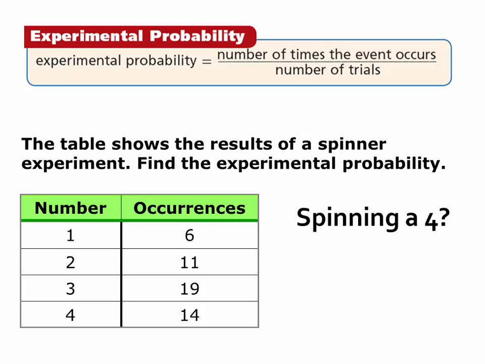How many times did they spin and land on 4? 14 times. How many times did they spin it, period? 50. So the percentage of landing on 4 would have been 14 out of 50. And if you put that in your calculator, that would be 28%. Okay, are there any questions so far?